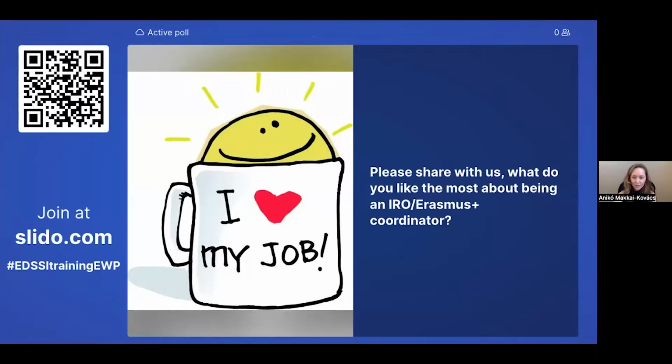I'd like you to share with us what you like the most about being an international officer or Erasmus coordinator, hopefully the position that you are actually now working in. So please take a look at your Slido, and you should see the question, and then you can enter a word which describes what you like the most about being an international officer. And it's anonymous, so we won't see what you are writing.